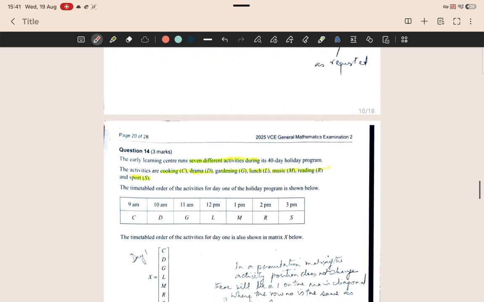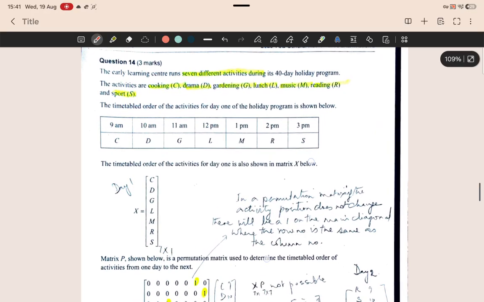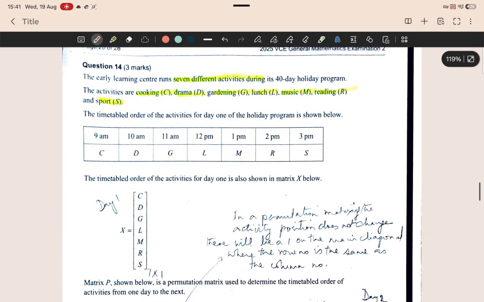In the next question, the Early Learning Center runs 7 different activities, and these activities are, as you can see, cooking, drama, gardening, lunch, music, reading, and sport. And this is the order of activities.